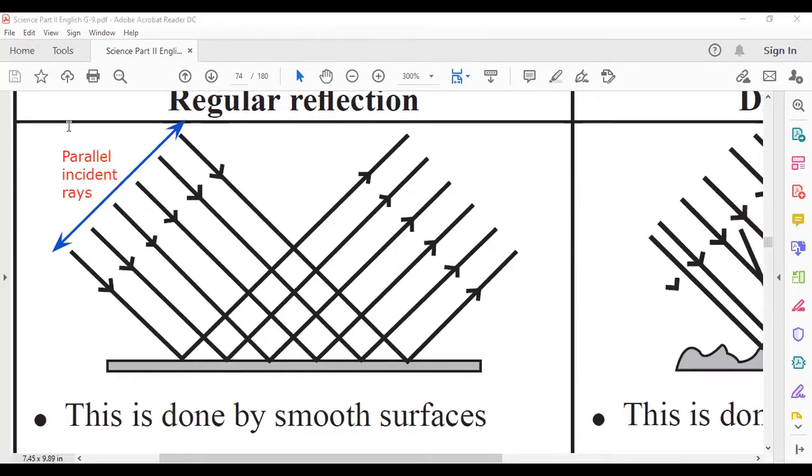In that manner, if you are giving a name for these, what is the name you will give?